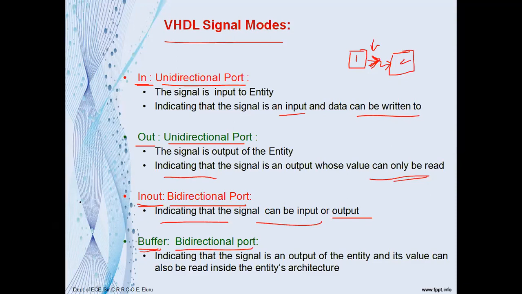Suppose you define the A signal as an in-out signal, which means that the A signal can accept the data, it can read the data, and the same A signal can also be used to write the data. I mean, it is used to send the data to the other device.